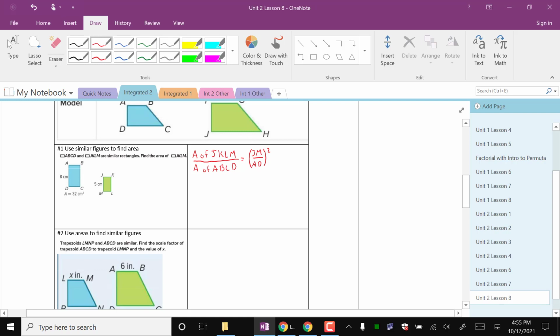Now I'm going to fill in the information that I have. I have the area of ABCD, I have the side length JM, and I have the side length AD. I don't have the area of JKLM. That's what I'm trying to solve for.